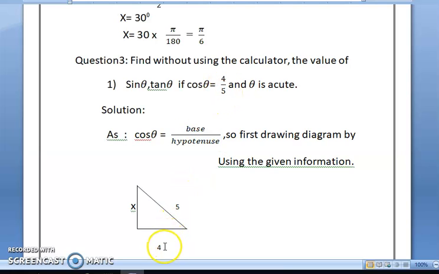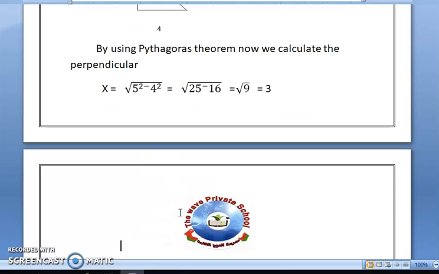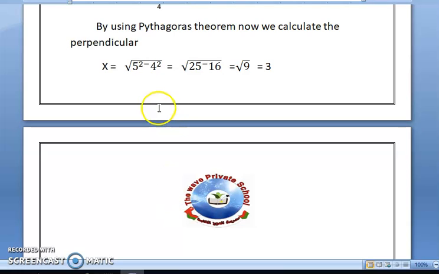In place of base we write 4, and for hypotenuse we write 5. By applying Pythagoras theorem, hypotenuse square minus base square, so 25 minus 16, it is equal to under root 9, and its answer is 3.